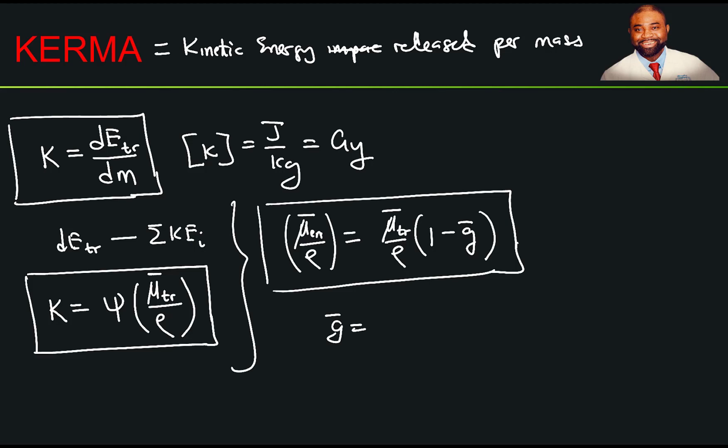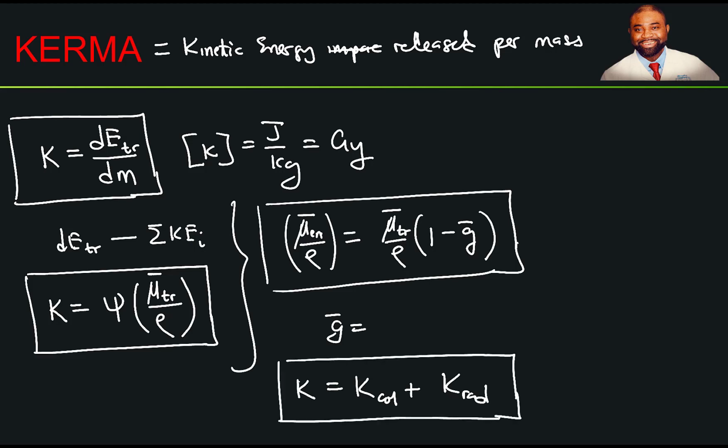What this means is that KERMA has two portions: the collision KERMA plus the radiative KERMA. Collision KERMA is responsible for dose, while radiative KERMA is not. Therefore, from here on, we will be more focused on collision KERMA.